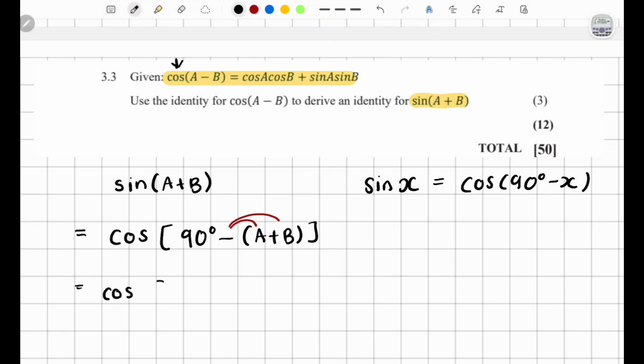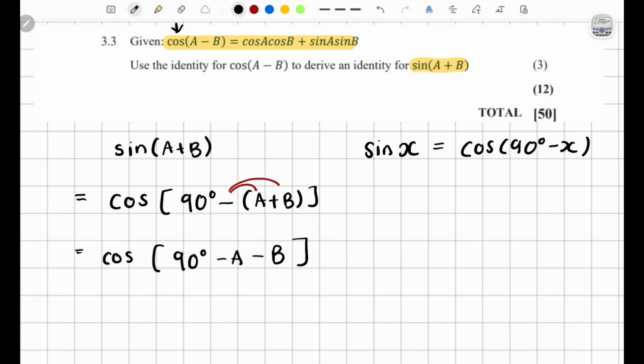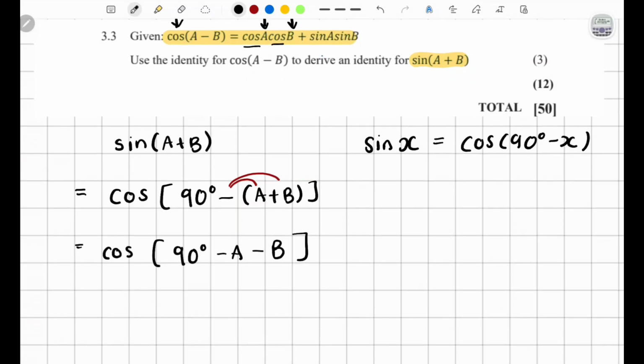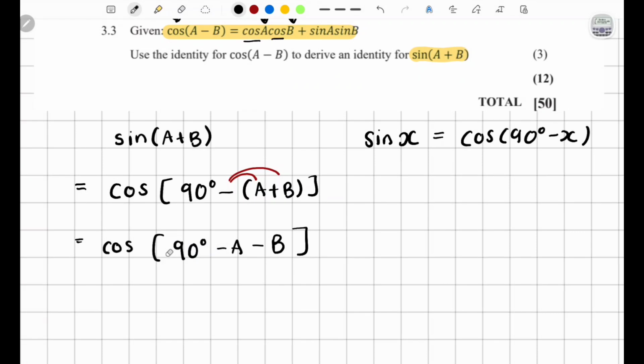So we say cos, and then we have 90 degrees minus A, and that also becomes a minus B. Now, so that we can have cos of A on its own and cos of B on its own, because we have 90 degrees, it's a powerful thing that we can use.